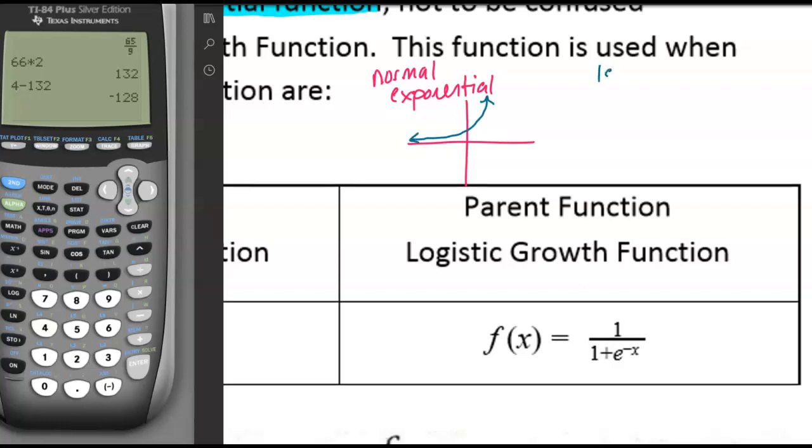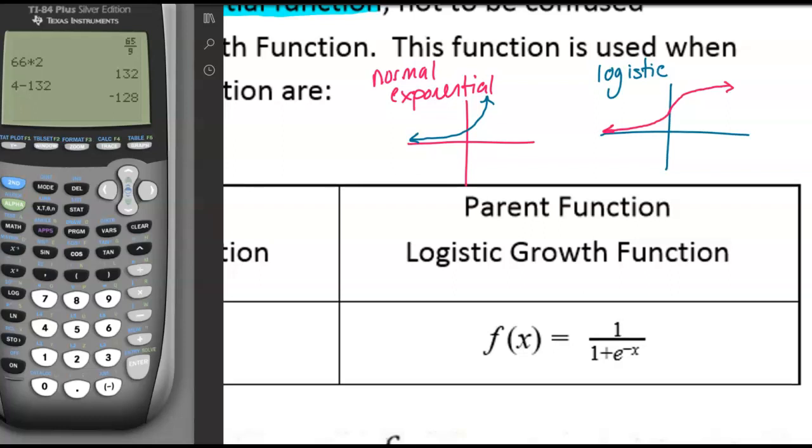A logistic function starts off the same way. It starts increasing, but then at its inflection point, its change in direction, it kind of peters off.